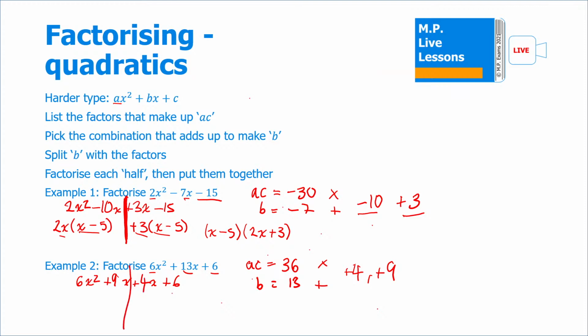Split again, factorize each half. So we have the same bracket in each half. That becomes one of them. In the second bracket, the remaining terms here.